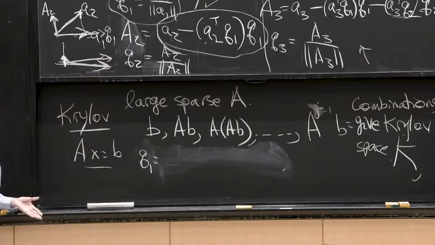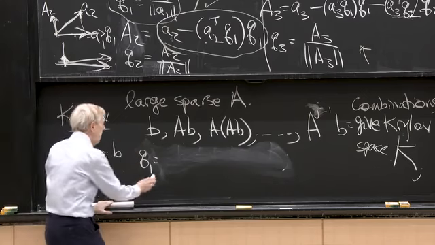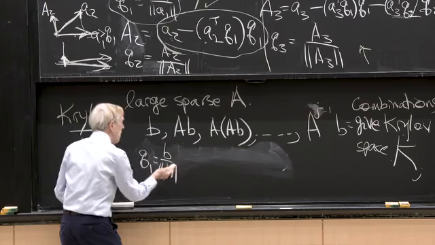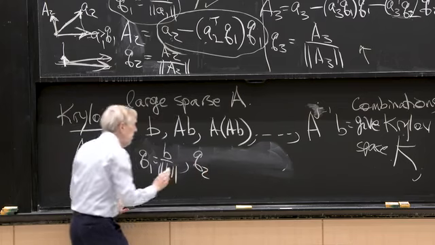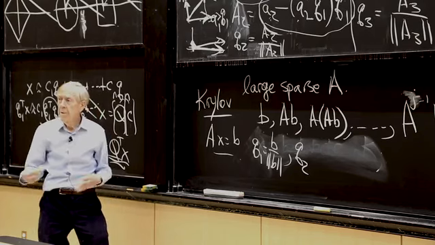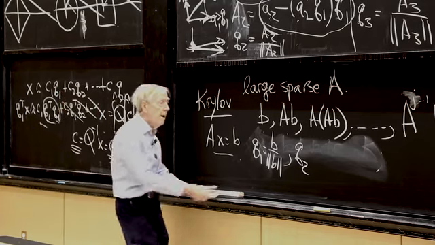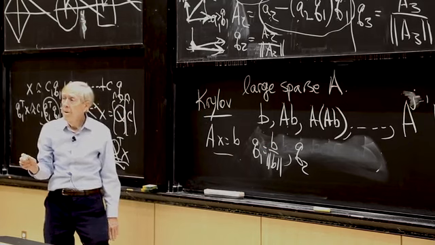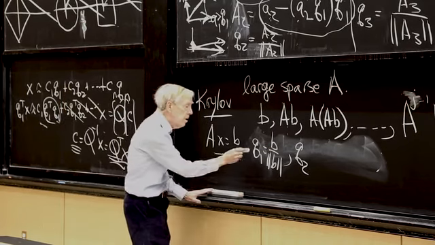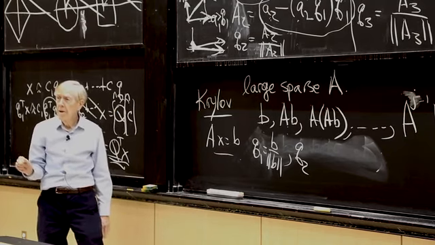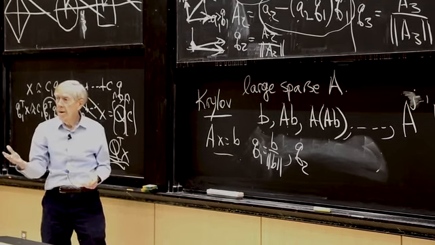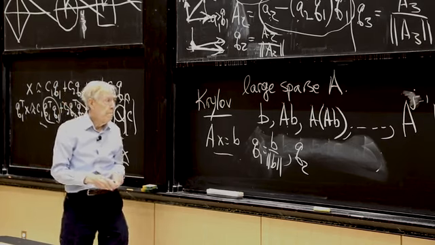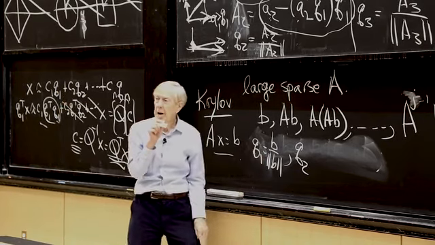What would be the right choice for Q1? I'll take the first vector and normalize it. We're just doing Gram-Schmidt. How would I find Q2? Following the Gram-Schmidt idea, I take AB, I subtract off its component in the Q1 direction, and I normalize. All the Arnoldi-Lanczos algorithm is that same Gram-Schmidt idea applied to these Krylov vectors.